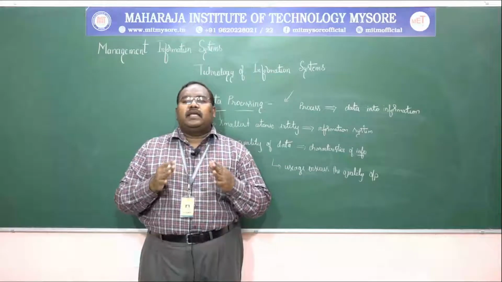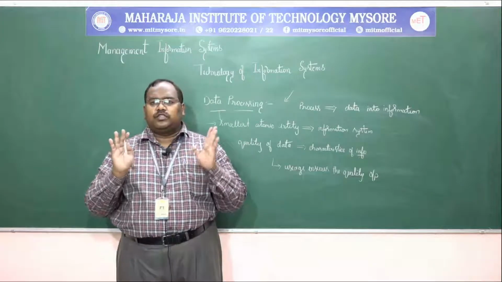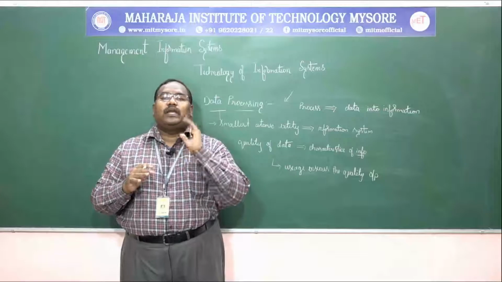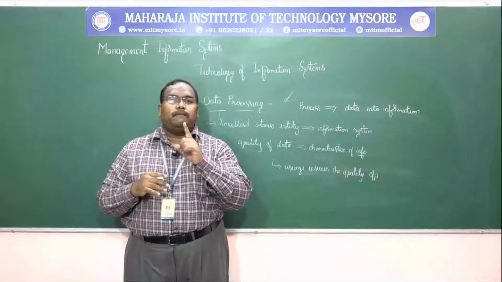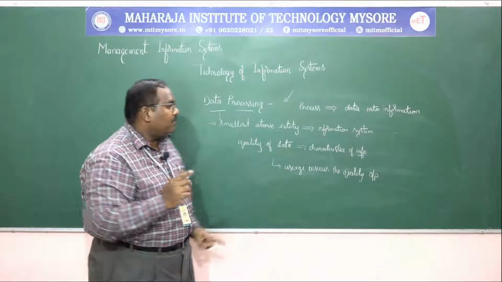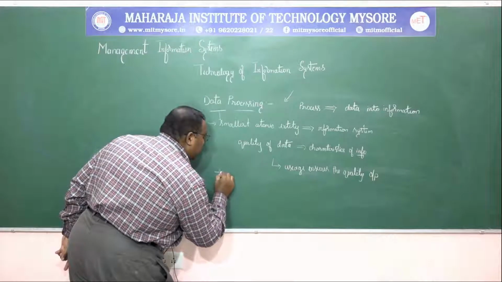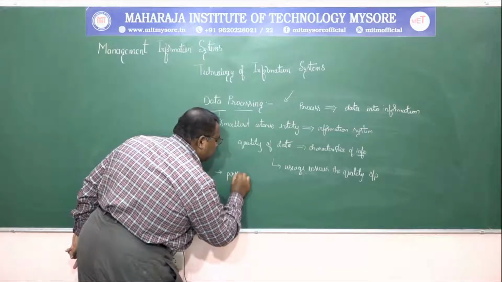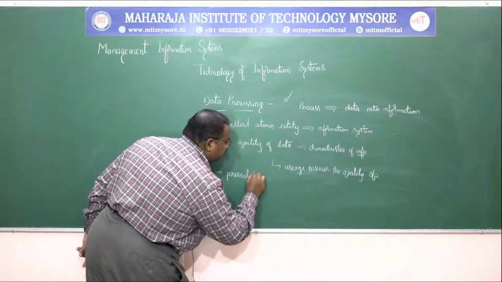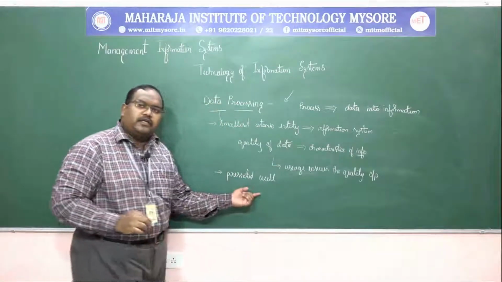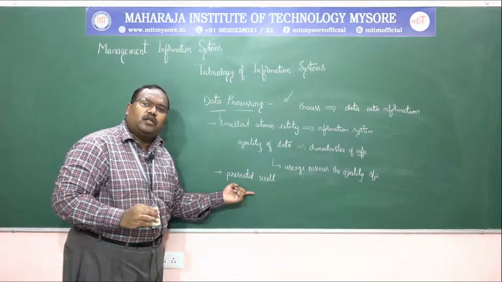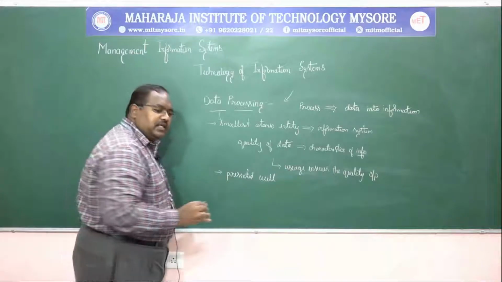Therefore, the basic data is most useful when it is well presented and actual information is obtained. Very important is that it should be presented well. This is the key point, and this is why we talk about the importance of presentation.